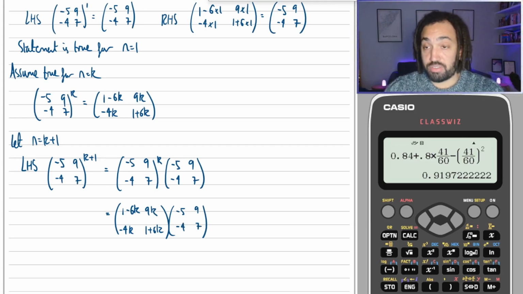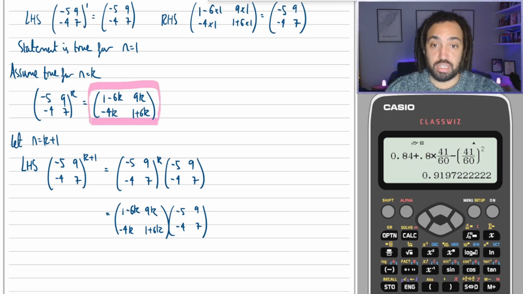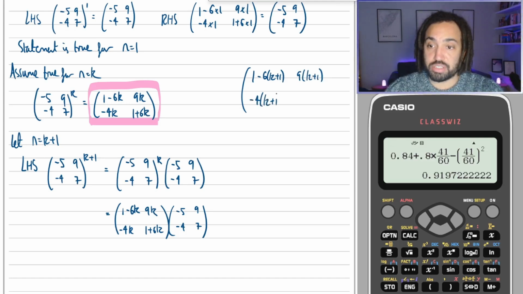And what this should give us is this matrix, but with the k's replaced with k plus 1's. So sometimes what I like to do is just on the rough bit of working, sub in k plus 1, because this is what we're going to be aiming for. So we're going to be aiming to achieve this in order to prove it true for k plus 1.